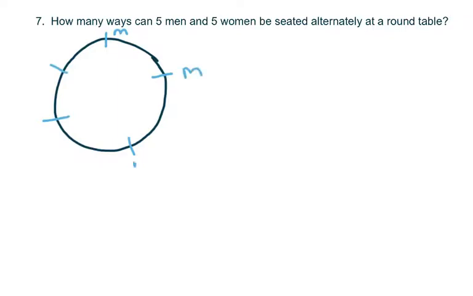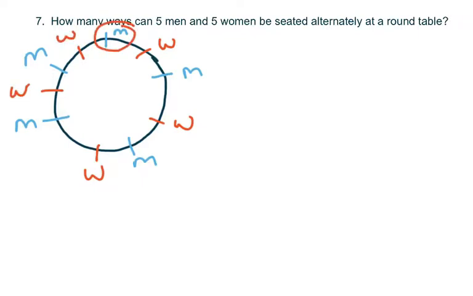Man here, man here, man here, man here. Then woman, woman, woman, woman, woman. Now where I started is with the man here. It doesn't matter what man. So in that case, I have 5. For the men, it's 5 minus 1 factorial. And for the women, it's 5 minus 1 factorial.